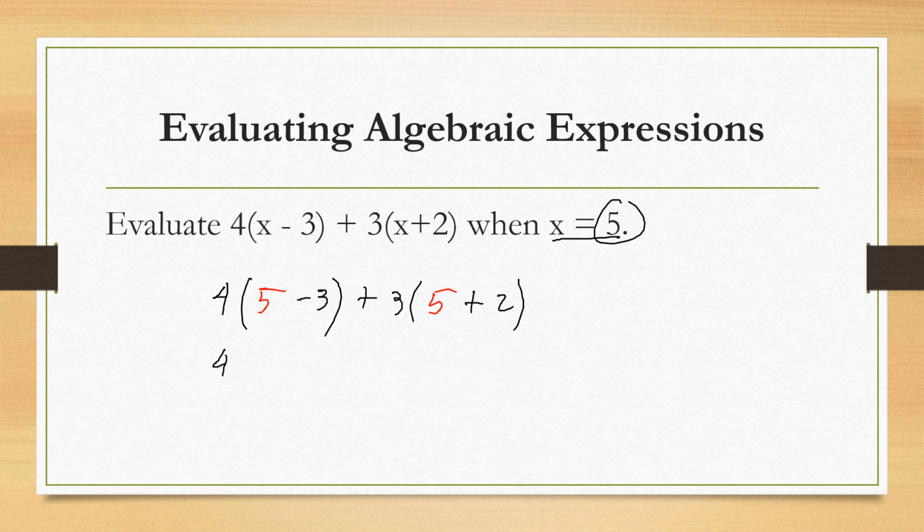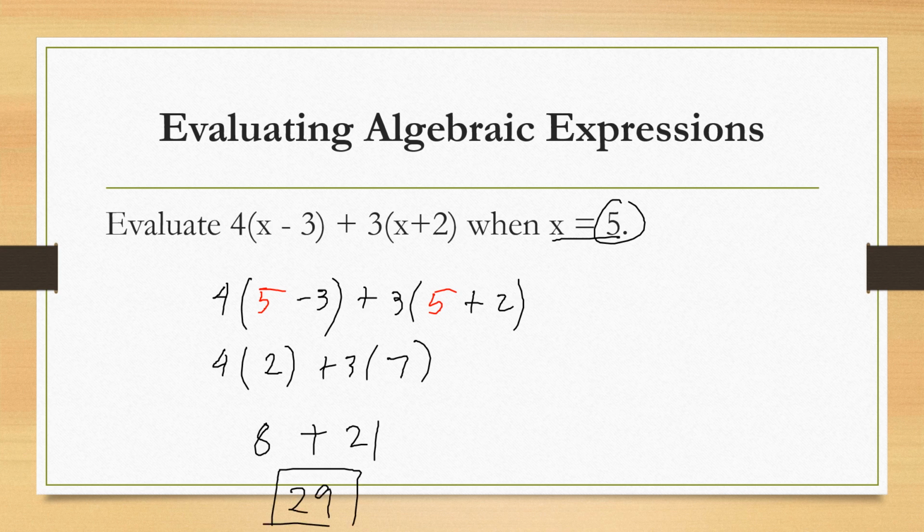So, that will be 4 times 5 minus 3 is 2. Plus 3. 5 plus 2 is 7. And then, simplify. We have 4 times 2, that is 8. Plus 3 times 7, that is 21, and 8 plus 21 is 29, and that is the value of our expression. Okay, so that I think this is the last example.